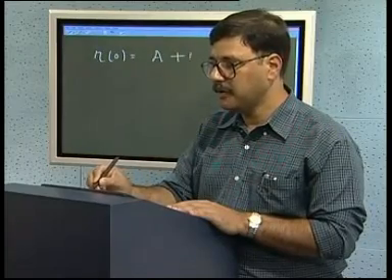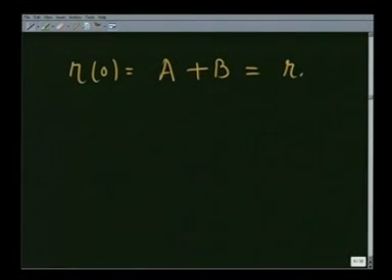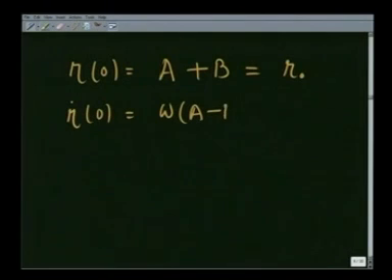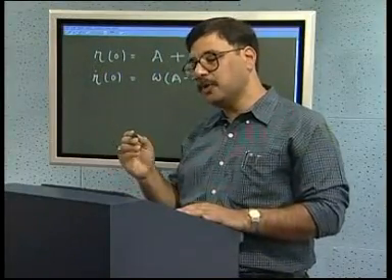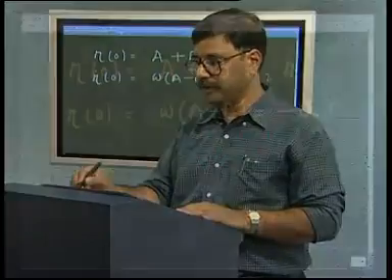So, I am given that r at 0, which is going to be a plus b, is equal to r 0. I have already calculated r dot, and at 0 this is going to be omega times (a minus b), and I want to have velocity going in. So, minus v 0. I want to find that v 0 with which I push the particle in, so that it keeps on moving in. So, I want to find that velocity. All right.